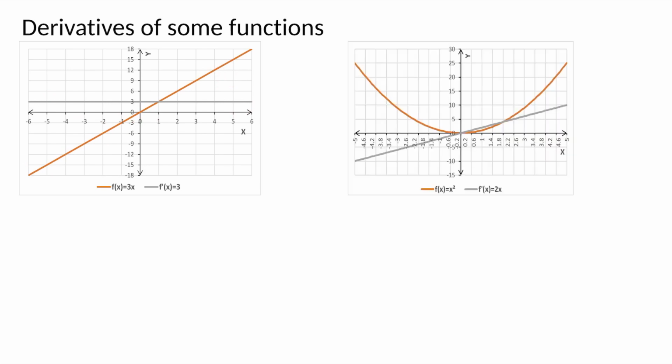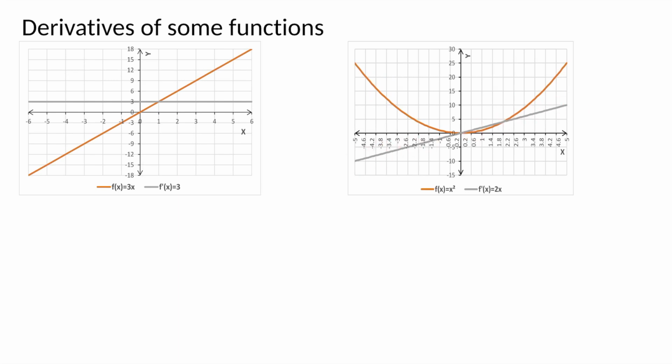And look at this other example. f(x) is x squared, and the derivative of that would be 2 times x^(2-1). So that's 2x, which is a straight line. So you have this orange curve of the function f, and you have this gray curve, which is a straight line, which is the curve of the derivative of that function.